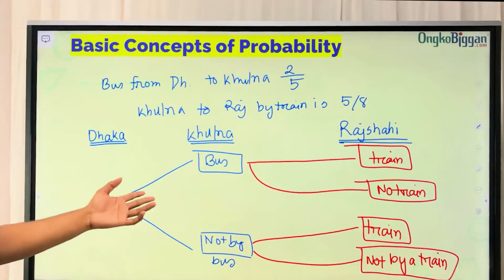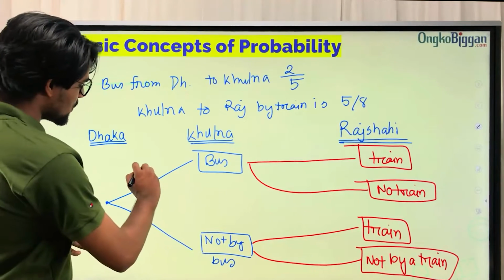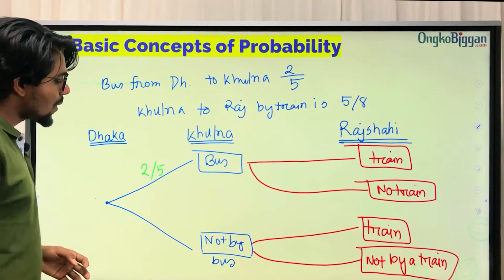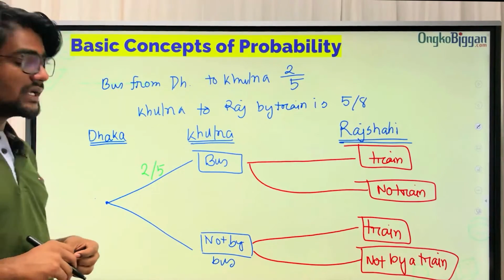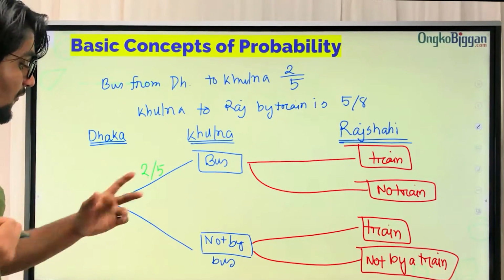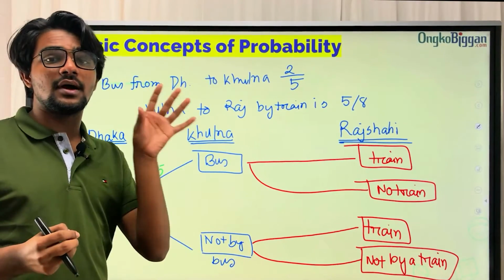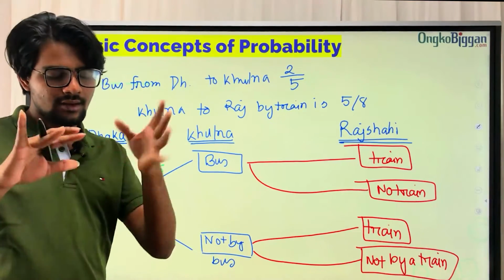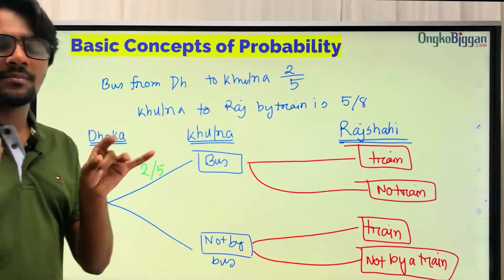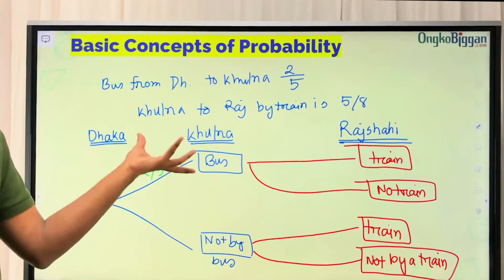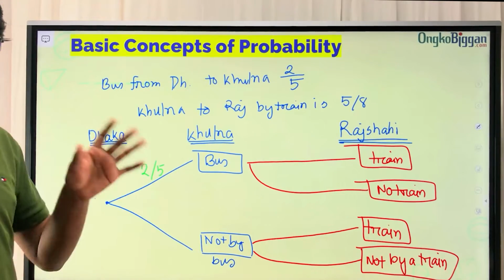So the probability of him going to Khulna by bus was 2/5. So what is the probability of him going to Khulna not by bus? For finding that, we need to learn the concept of complementary probability. I guess it's a name given by me right now.